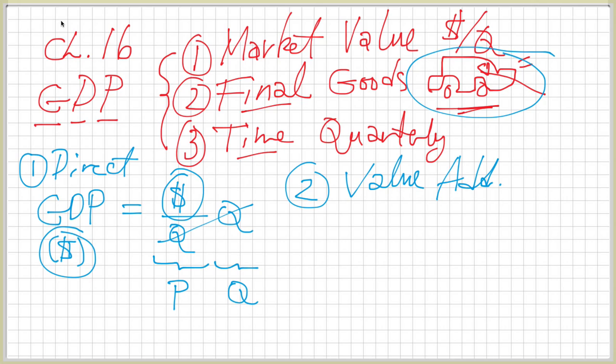So let's say that this car, the iron, cost $2 and the car sold for $4. Then the value added is only the difference, the $2 value added in the car. Okay, so that's how much value is being added to the iron by making it into a car.